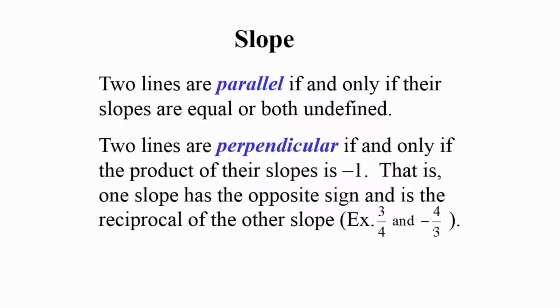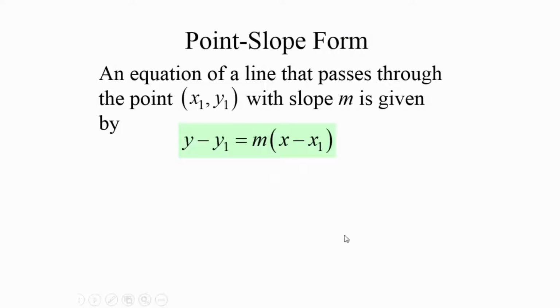Okay, we're going to use this to find the equation for a line. Here is finding the equation of a line that passes through the point with x1 and y1 coordinates, and has a slope of m.